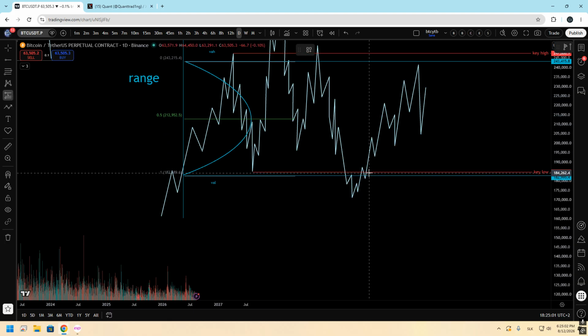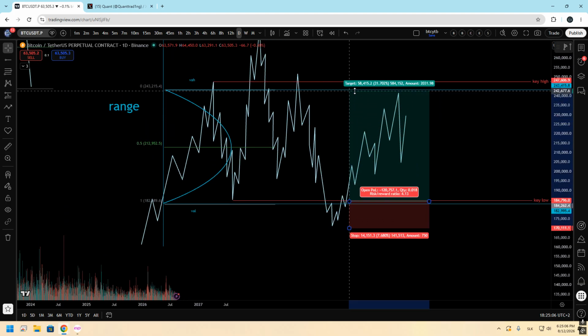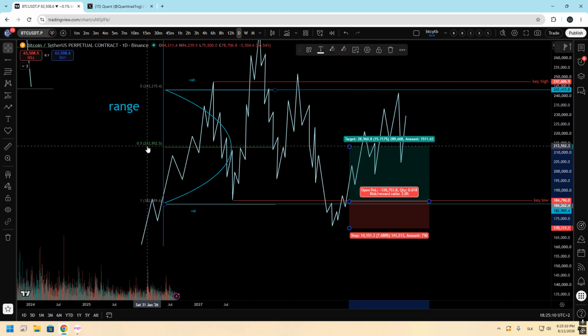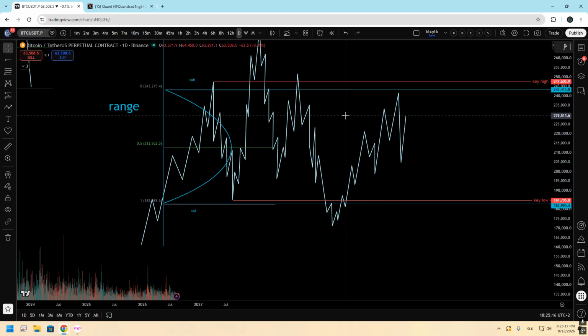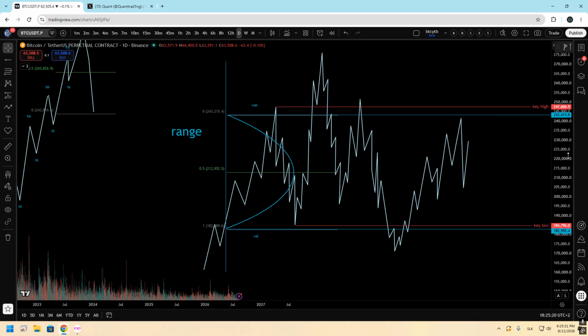So you can expect it will traverse the entire value to the value area high, and the same exact principle applies: you can shave something off at 0.5 and let the rest run to the value area high. So you don't expect the breakout in the range, and you play the same environment until proven otherwise.